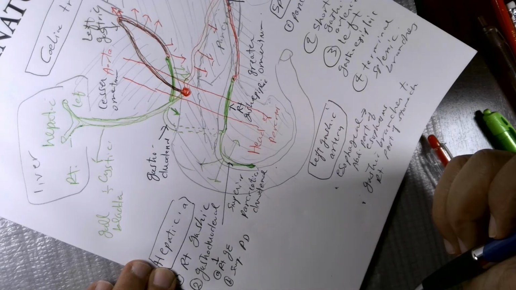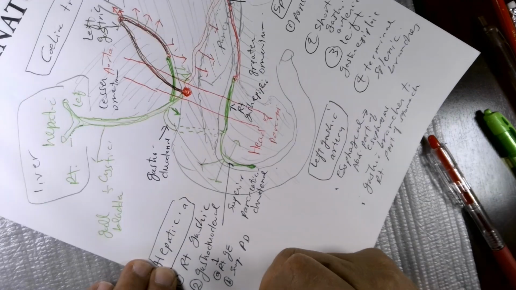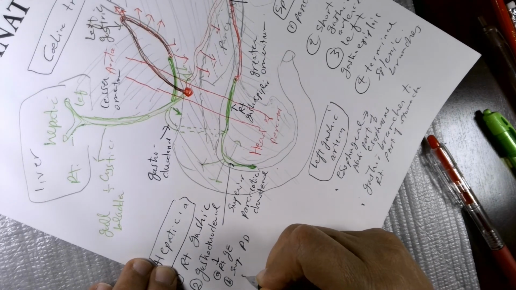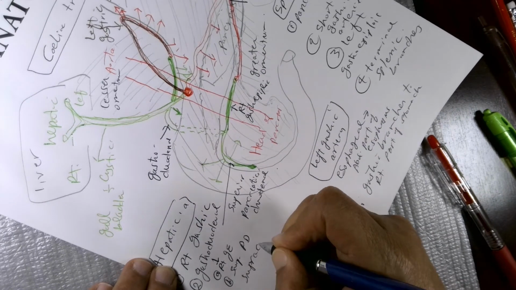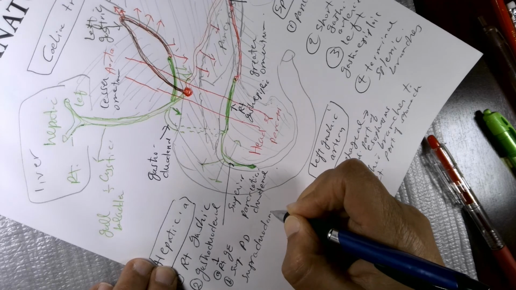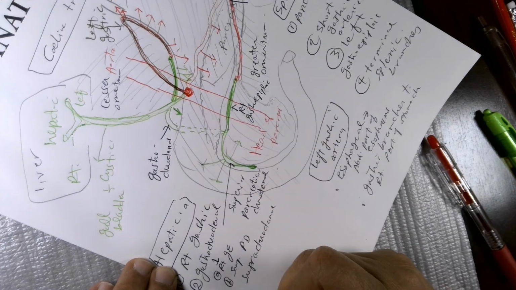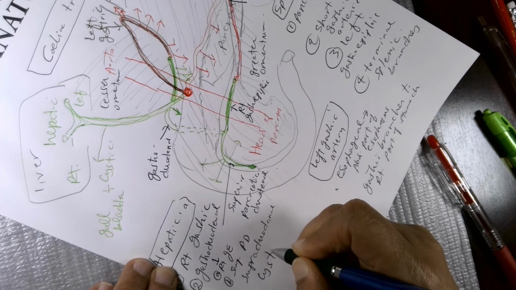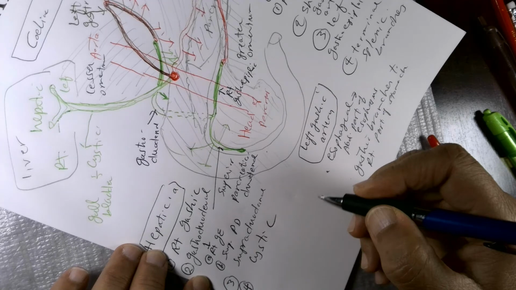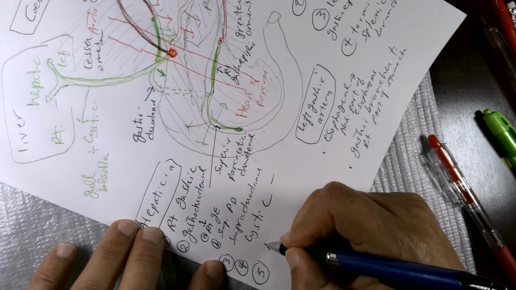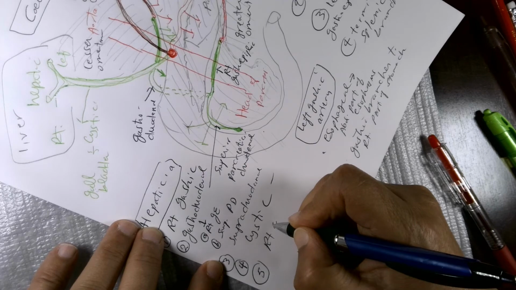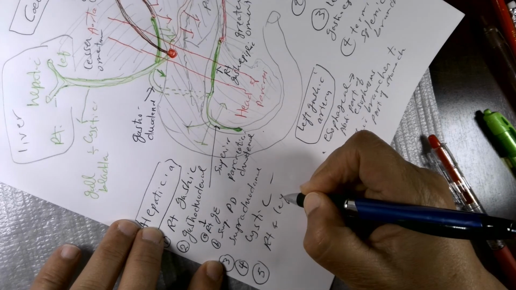Okay. Then number 3, supraduodenal, sometimes there, sometimes not, supplying the upper part of the duodenum or first part of the duodenum. And number 4, cystic to the gallbladder. Number 5, two terminal branches, right and left hepatic.